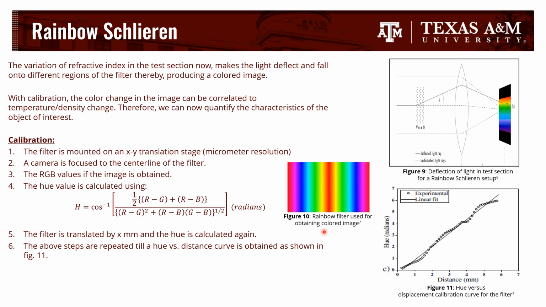Next, the filter is either translated to the left or to the right by a certain amount. And again, the RGB value of that image is obtained and the hue value is calculated. So by repeating this process several times, a hue versus distance correlation can be obtained.